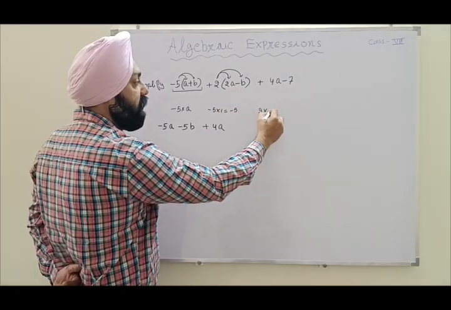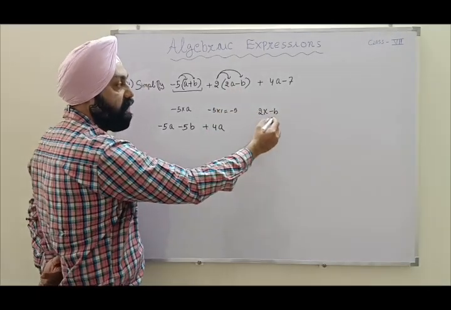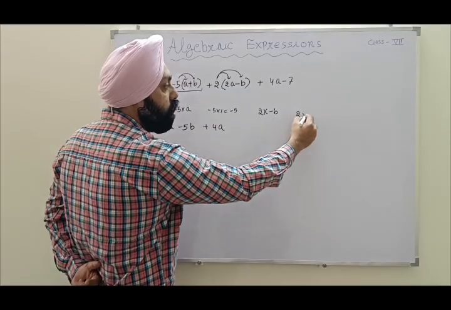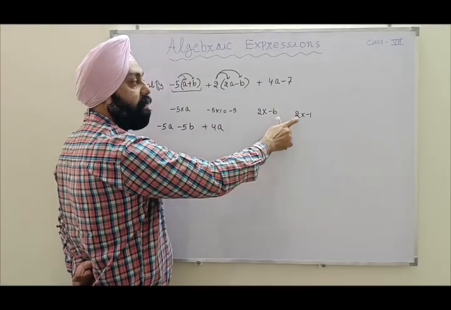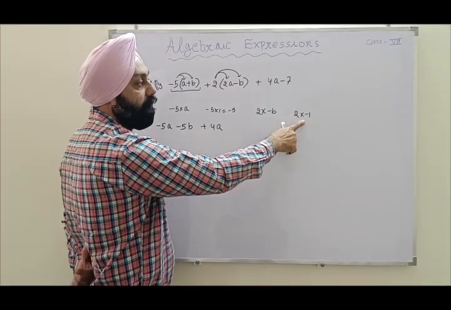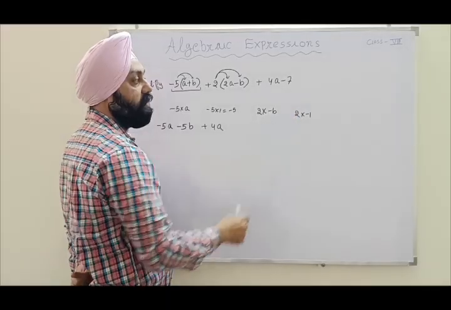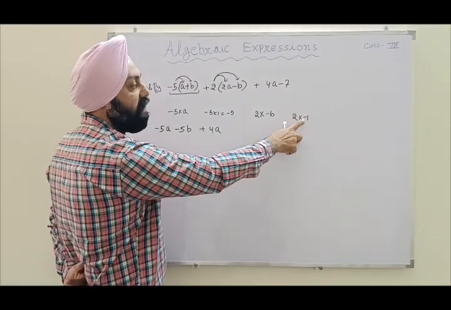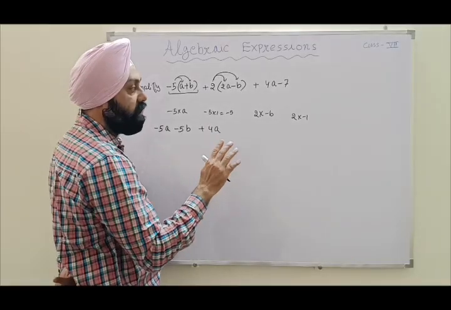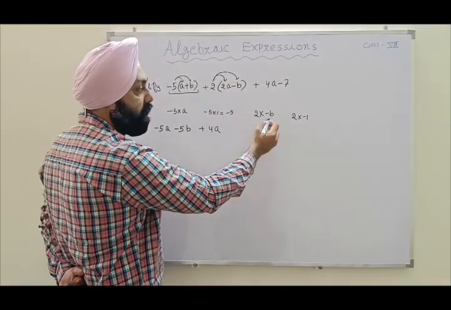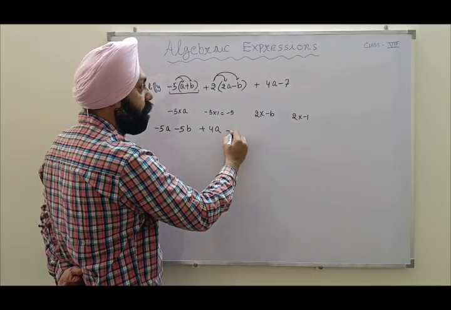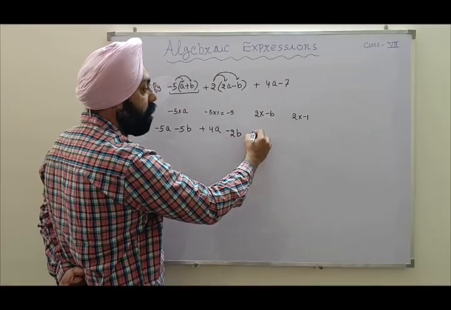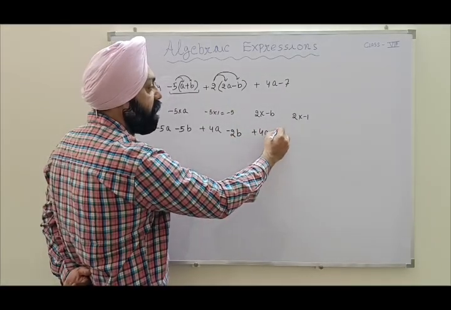The coefficient of b here is minus 1. So 2 into minus 1. Whenever we are multiplying, we have to count the number of minus signs. If the count is odd, the answer is negative. So there is one negative sign. One negative sign means this is odd, so the answer is negative. So 2 into minus b will give minus 2b, then 4a and minus 7 as it is.